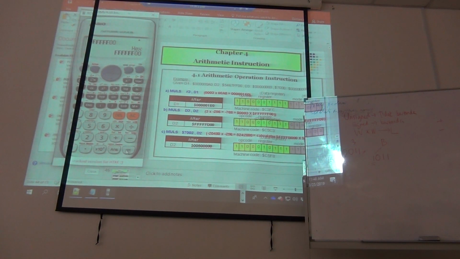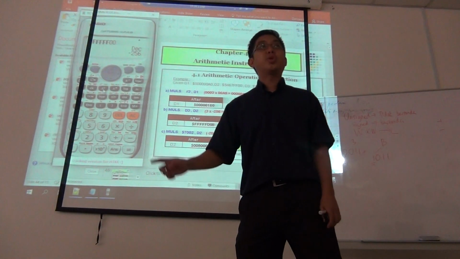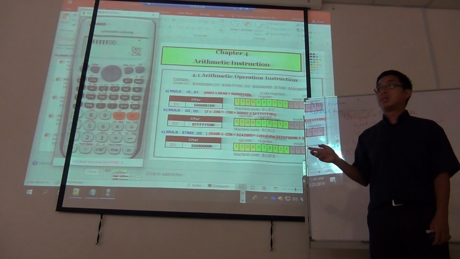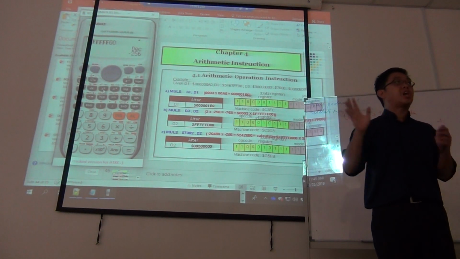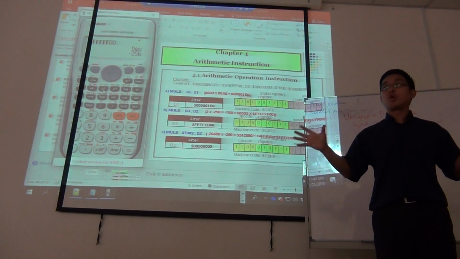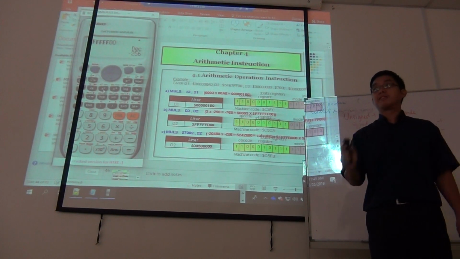Kalau saya convert directly guna calculator to decimal, dia akan jadi satu negative number. So itu adalah second complement just now untuk hexa. So it's direct translation. Kalau kamu nak buat negative number, you kena guna 8 digit untuk pastikan dia sebagai negative number. So far okay.